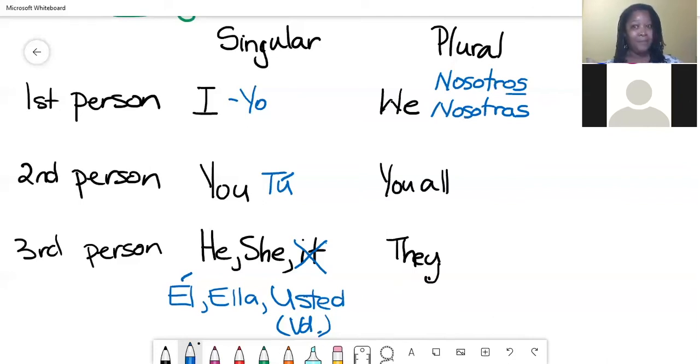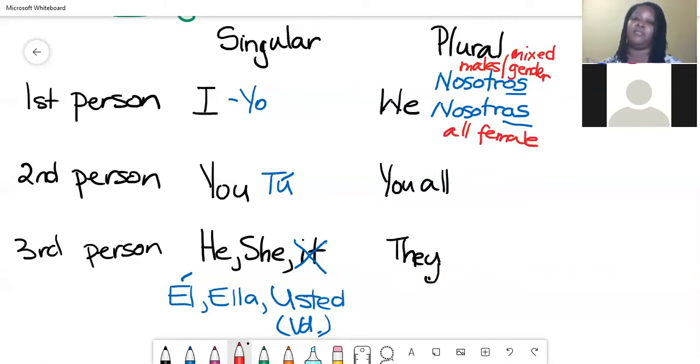And if it's all female, it would be nosotras. Let me write that here. So the nosotros is males or mixed gender, and the nosotras is all female.